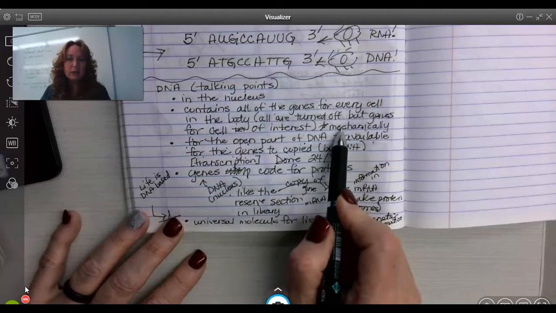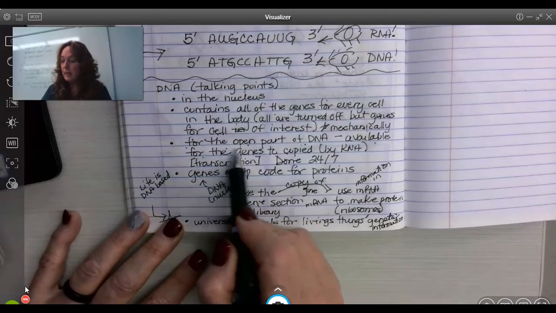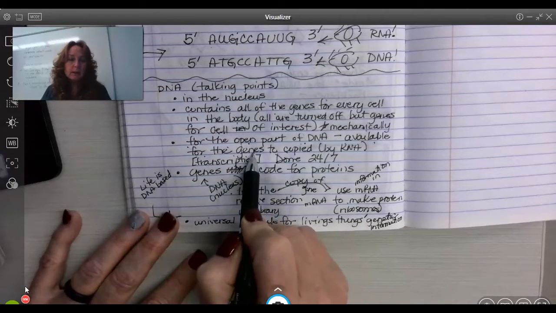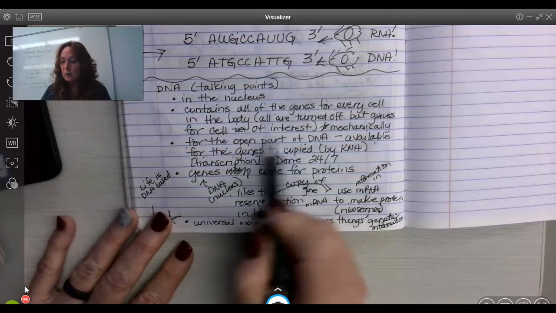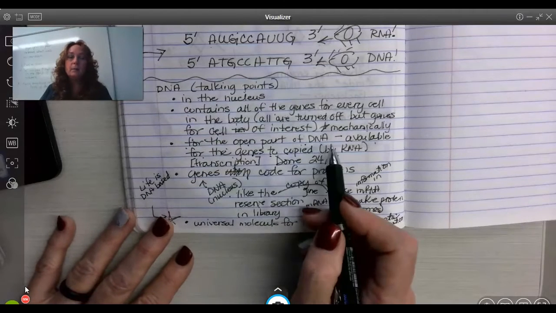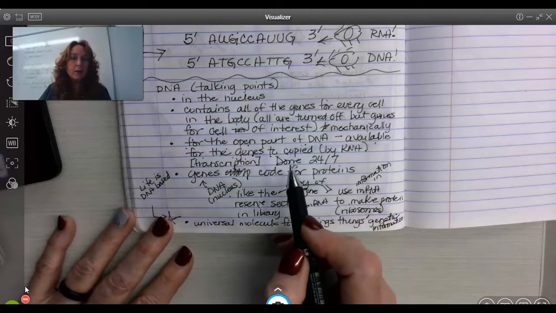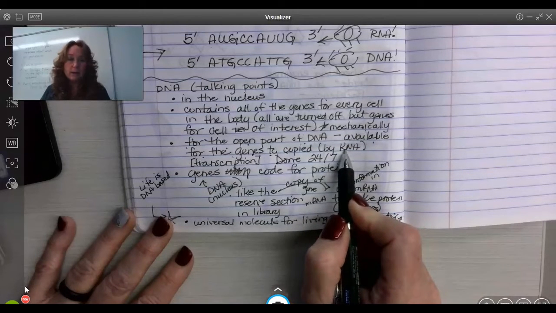It'll mechanically shut down everything else. And that open part is constantly being used like a little reference book to flip through, find the gene for how to make catalase.